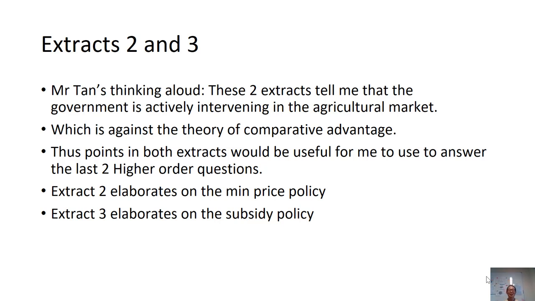If you think about it, the law of comparative advantage is more like a free market policy: countries, if they specialize according to comparative advantage, produce that good which they have a comparative advantage in and trade, they would gain. Every country would gain. However, that assumes little government intervention. But when I read extracts 2 and 3, I realize that the Indian government is doing so much intervention.